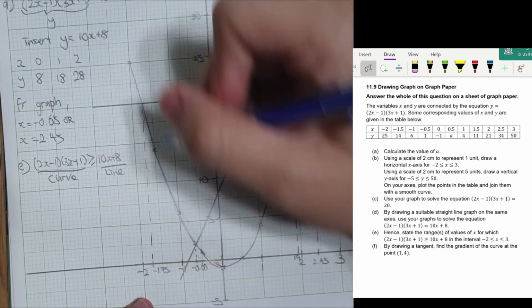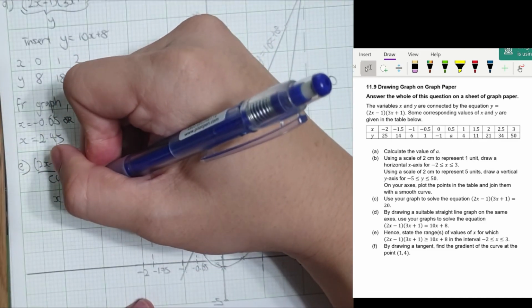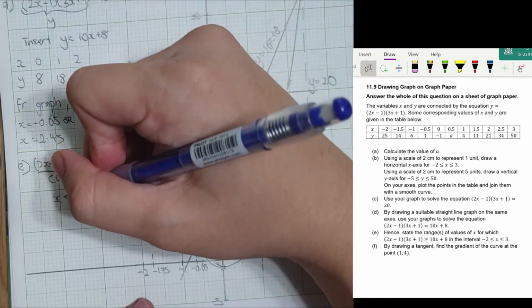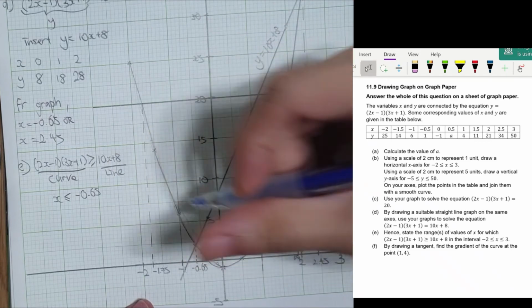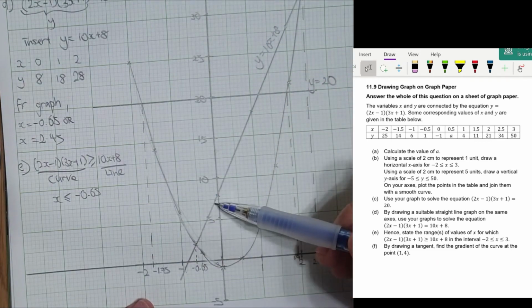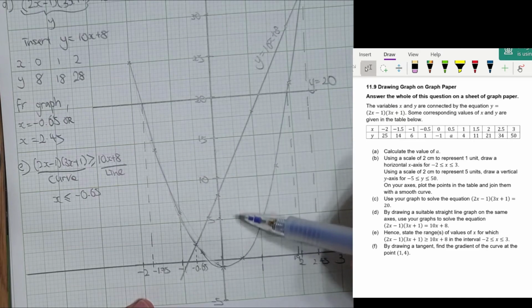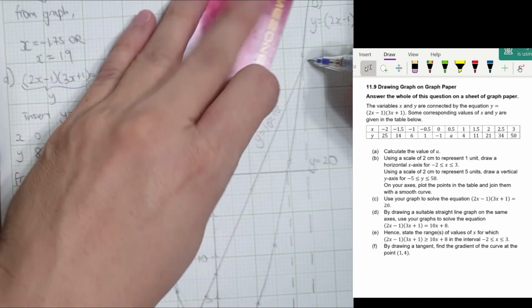All these are on the left of the graph, so x must be smaller or equal to negative 0.65, because on the left of negative 0.65, my curve is on top of the line. Once you pass this, the line is on top of the curve, so it's not useful.